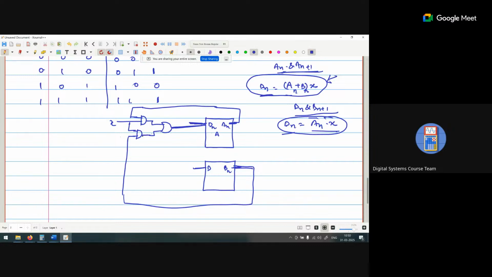Okay, now second Dn is the An bar. So An bar also comes from here. An bar and x, directly ANDing of these two, and goes for this two.